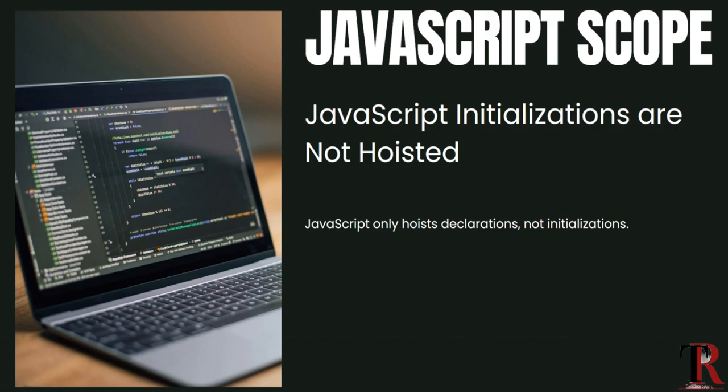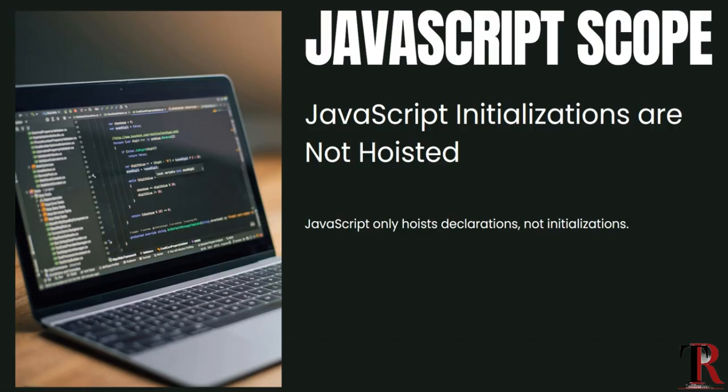So where the values are is where JavaScript leaves them. It doesn't move values, it only moves declarations. And so always declare and initialize variables before using them. In your project, always ensure that you declare variables before you use them. Don't just declare them and try to initialize later. It always causes issues, just as we saw in this example.